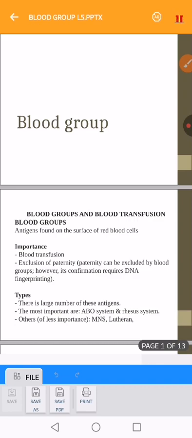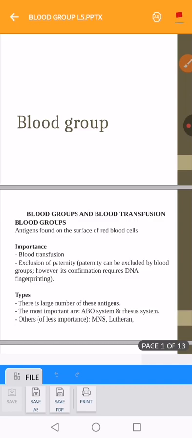On the surface of the RBCs, its rounded surface, we have antigen attached to that surface. What is that antigen? We have many types of that antigen. There is a large number of these antigens.